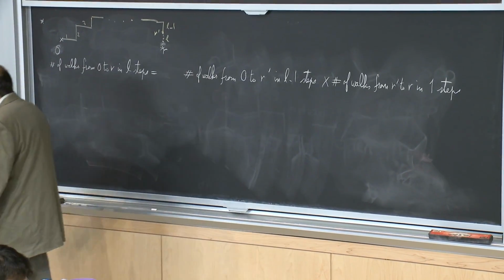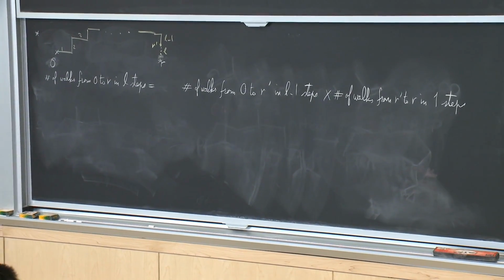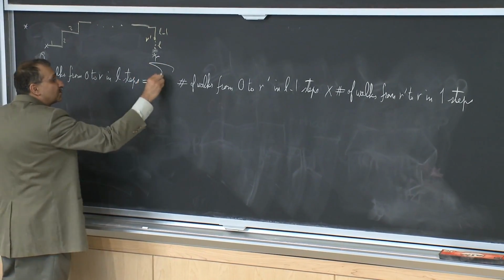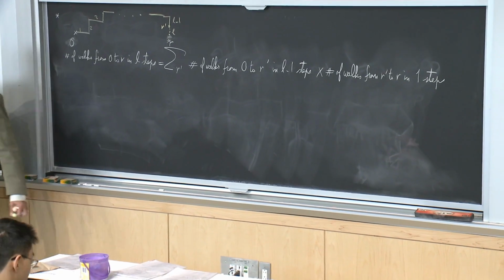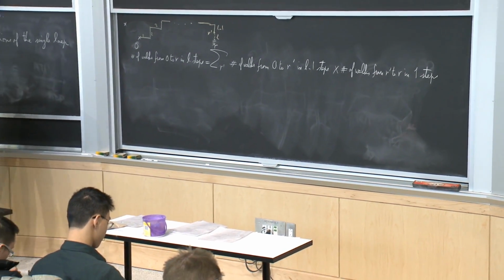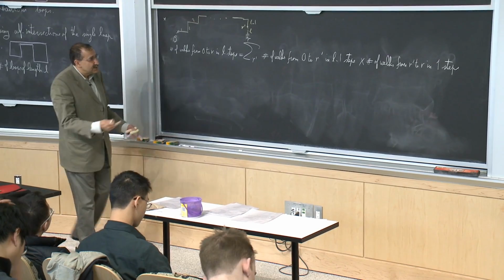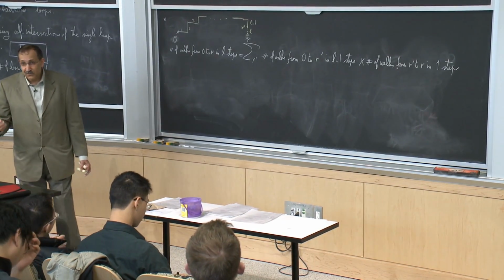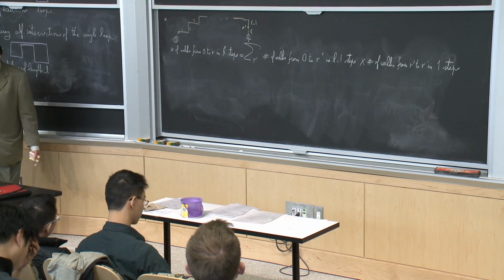So before I reach my destination, the previous step I had to have been somewhere. I sum over all possible places where that somewhere has to be. And then I have to make sure that I can reach from that somewhere in 1 step to my destination. That's all that sum says.